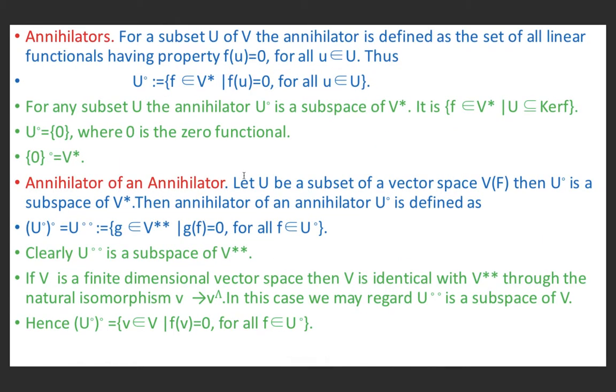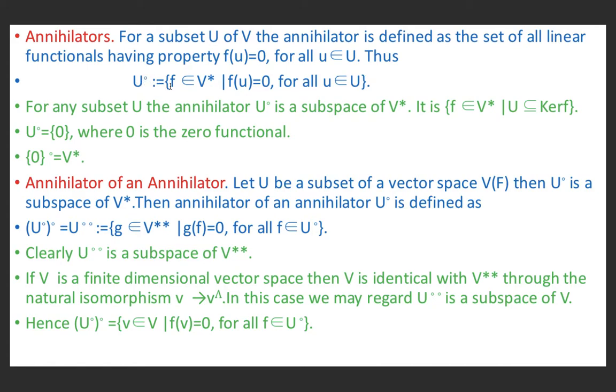Now annihilator. For a subset U of V, the annihilator is defined as the set of all linear functionals having the property f of u equal to 0 for all u belonging to U. It means we denote the annihilator of U by U dot, and we write the dot in the superscript.